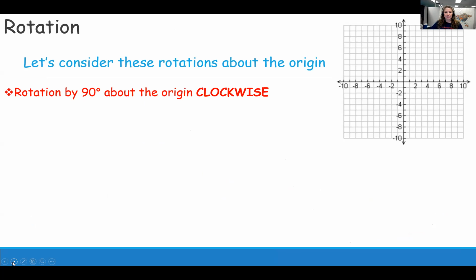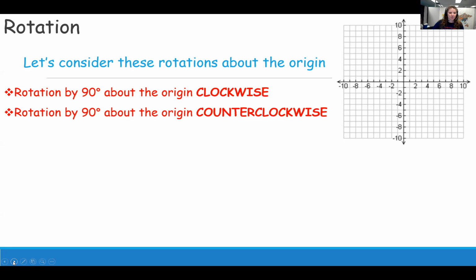So let's consider these rotations about the origin. If you turn anything 90 degrees, it's a quarter of a turn, right? So here is my 90-degree turn. If I turn something 180, basically I'm turning it upside down. What would be the next turn? 3/4 of a turn would be 270, right? 270 degrees, and 360 is a full turn.